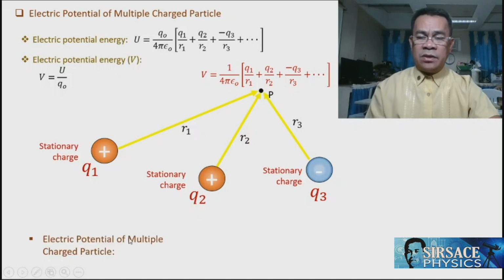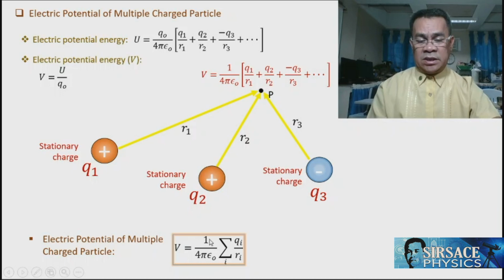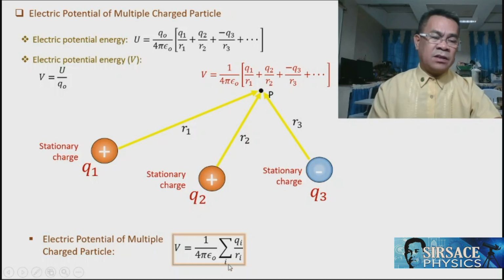So the electric potential of a multiple charge particle can be written in power series notation. This one is the same as the previous one. The 1 over 4 pi permittivity stays as is, and you are asked to sum up. In mathematics you can use the sigma symbol, which means sum.